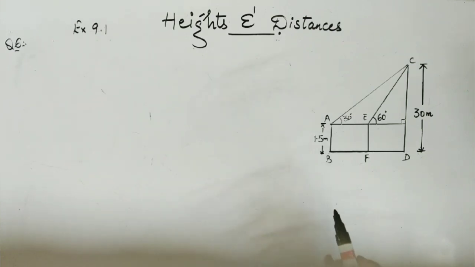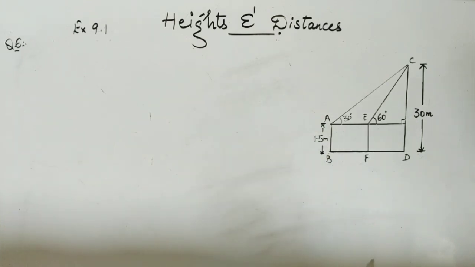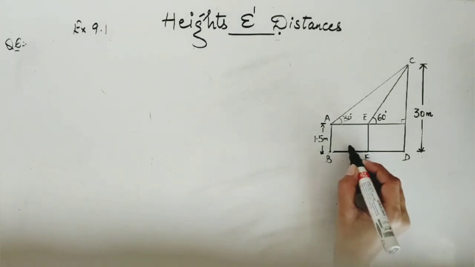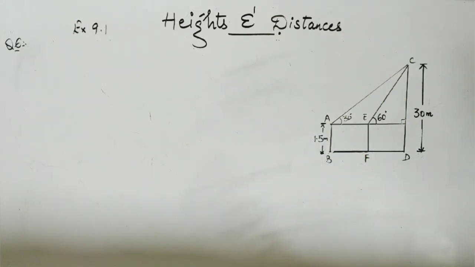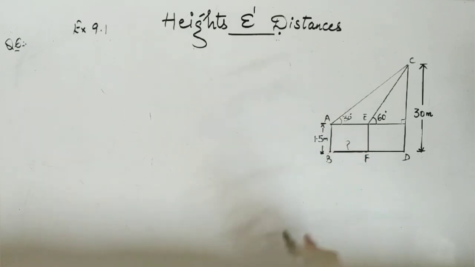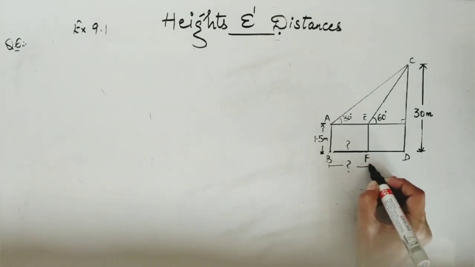Then find the distance he walked towards the building. We just need to find the distance which he has walked. So we need the length or the distance BF. This is unknown.